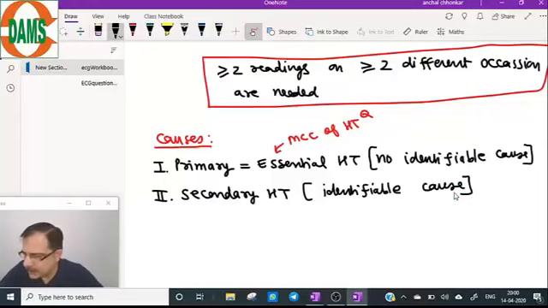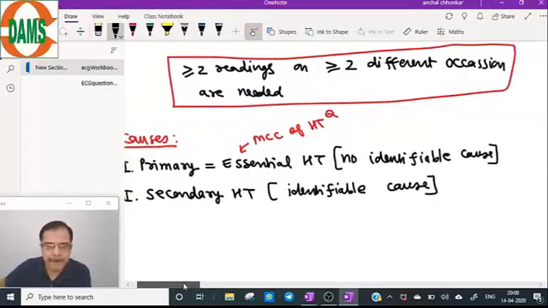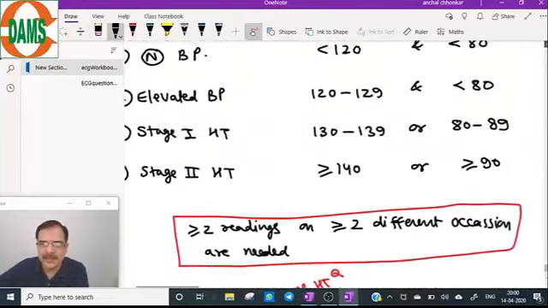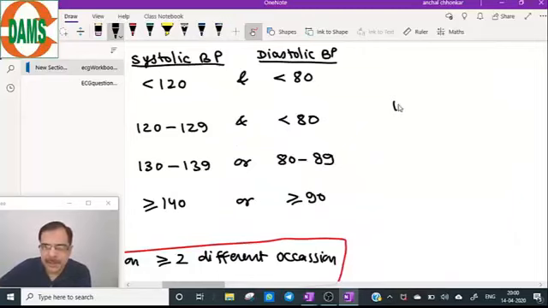What if only systolic BP or only diastolic BP is elevated? You take the higher reading and group into that stage. For example, according to this classification, suppose a patient comes to you with an average of 4 readings of 120 by 86.